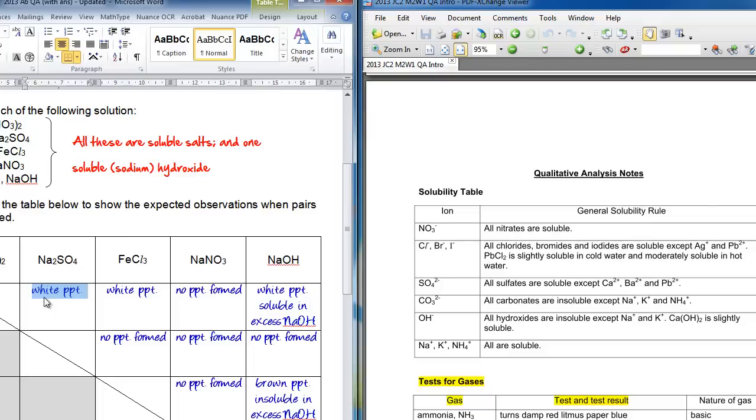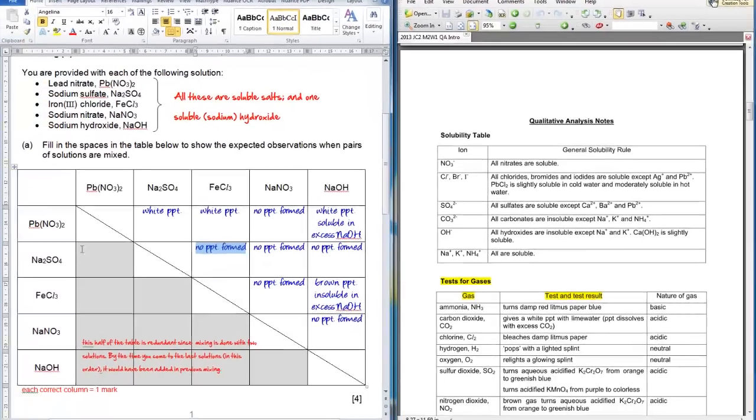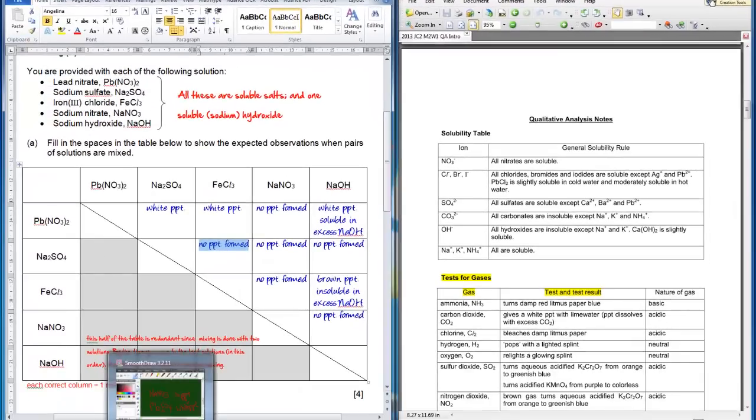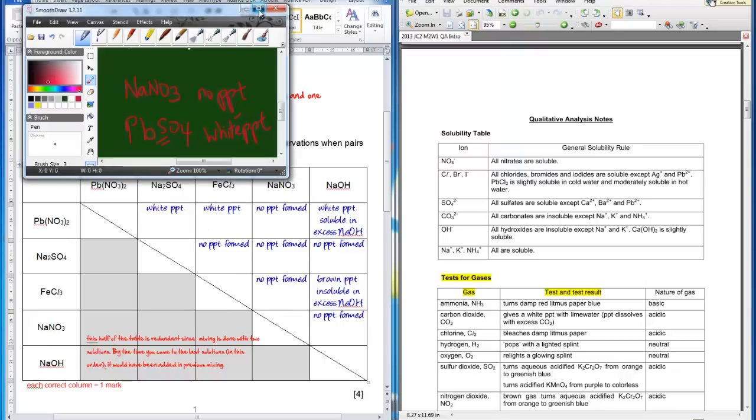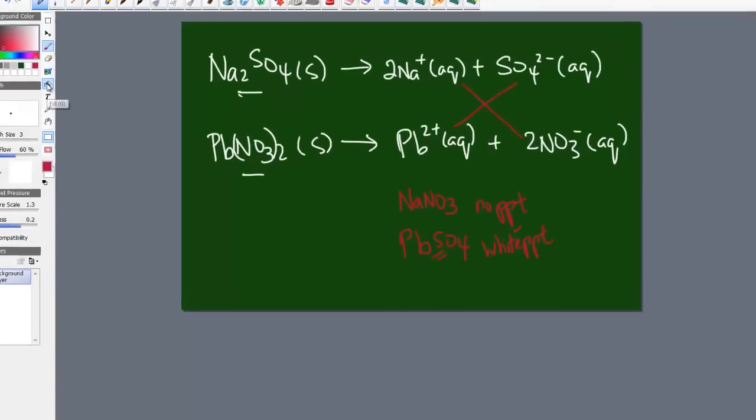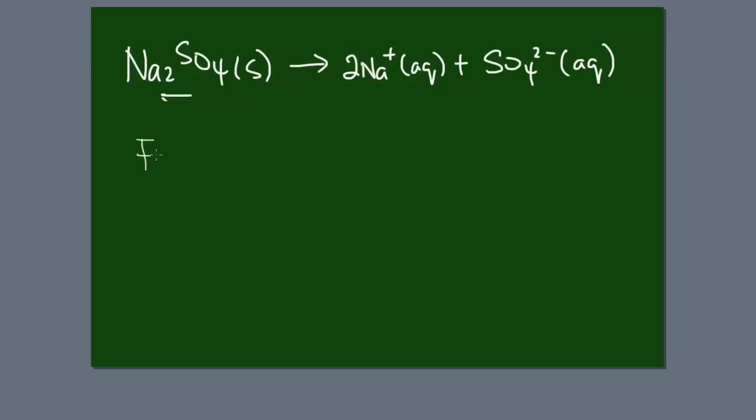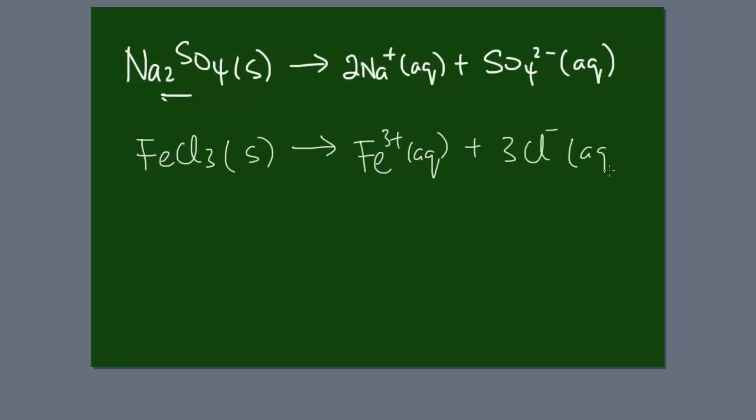In this case, how about this one? The mixing of FeCl3 with Na2SO4. I have FeCl3 solid dissolving to give Fe3+ aq plus 3Cl- aq.